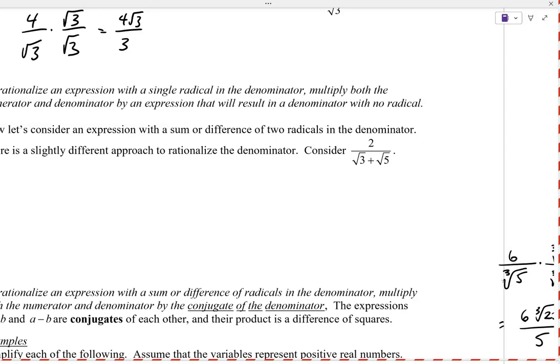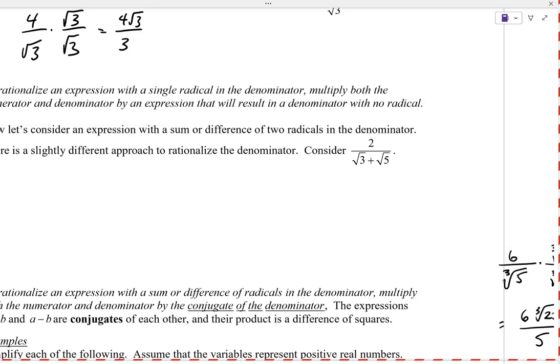Okay. Again, the thought is right, that I want to square the root 3 and I want to square the root 5. I want to square them because the square root will go away, right? That's the right thought.